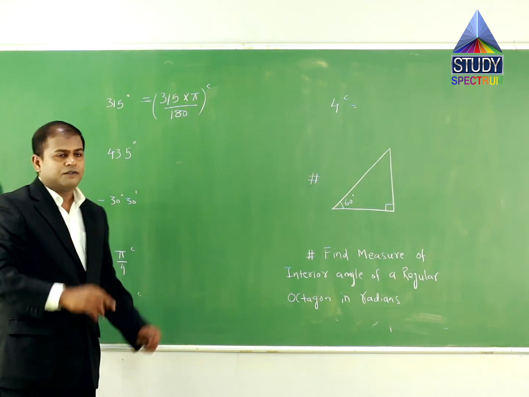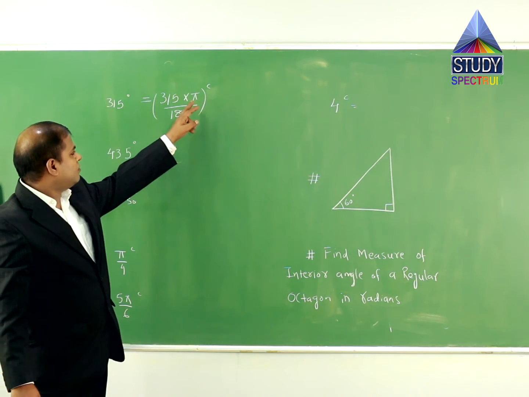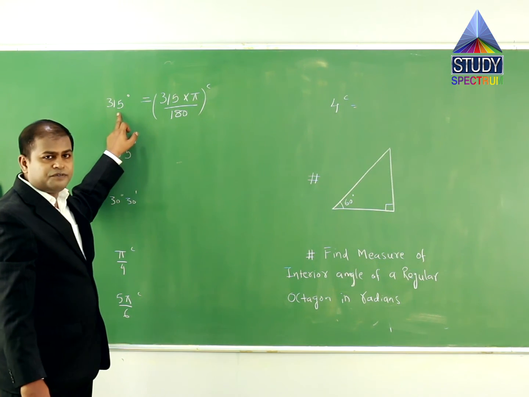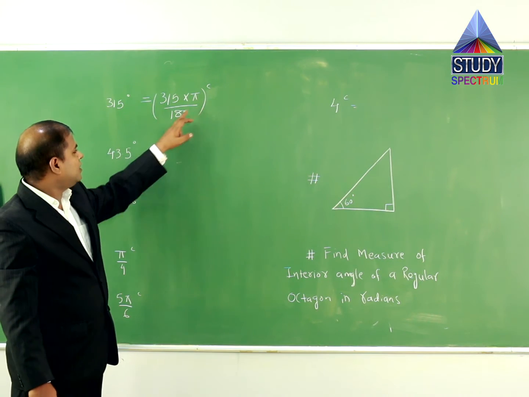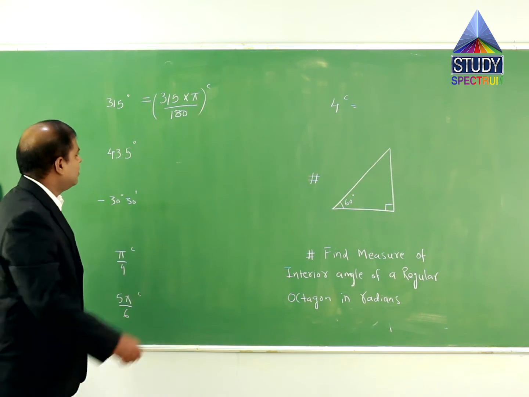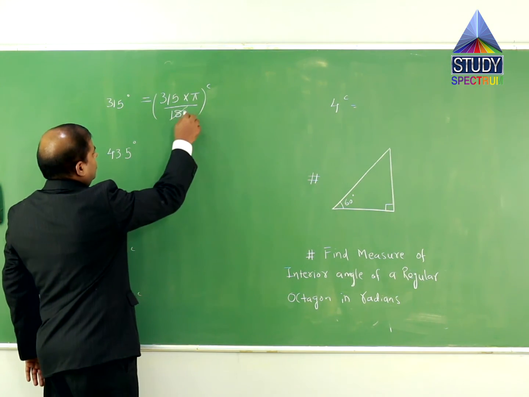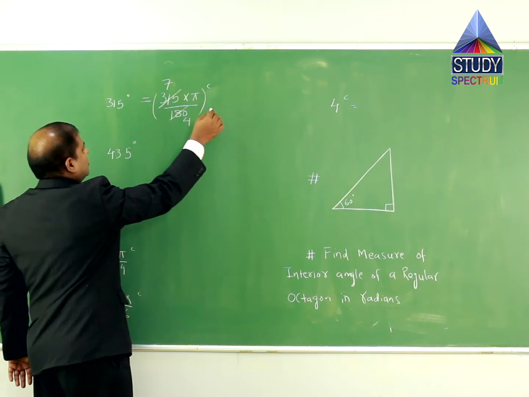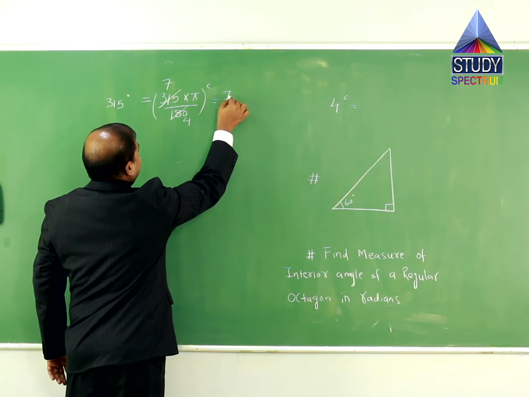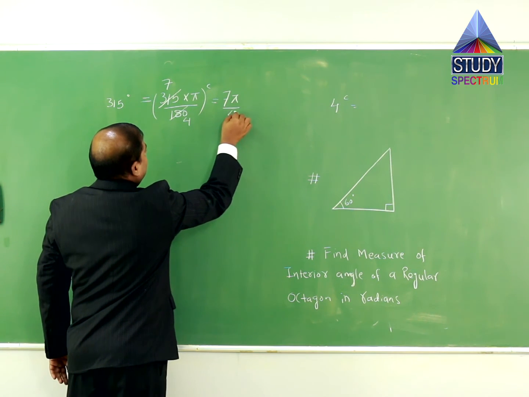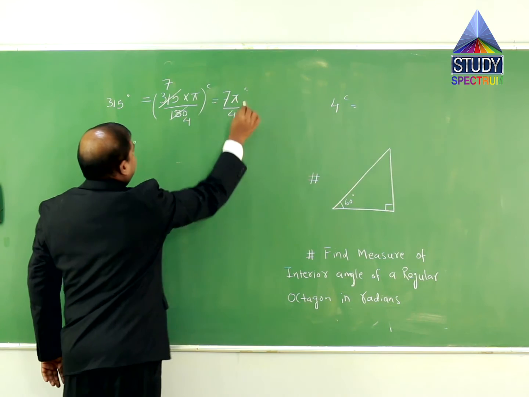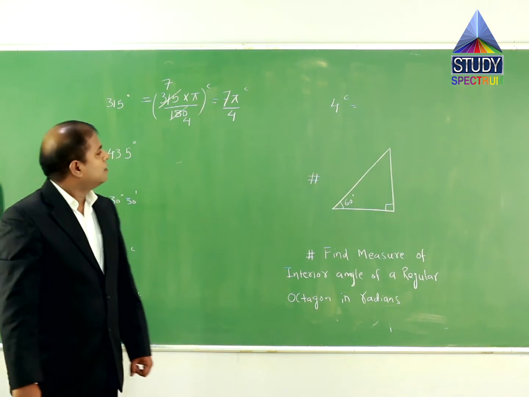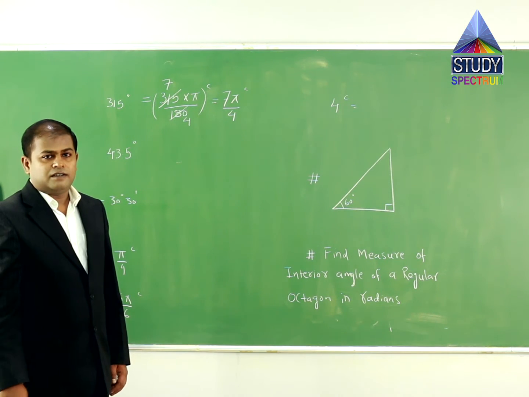Let's simplify it further. 45 fours are 180, 45 sevens are 315. So answer is 7 pi by 4 radian. So 315 degree is 7 pi by 4 radians.